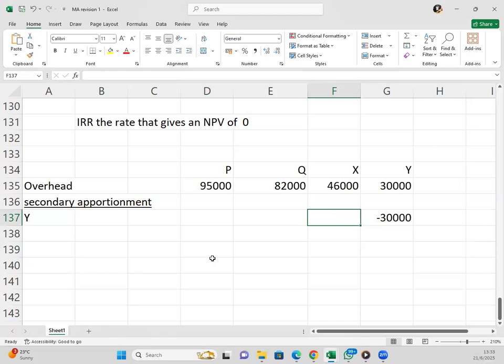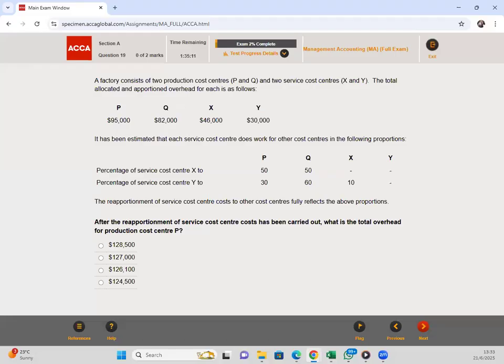So let's go to the question and see how the other departments were getting services from Y. P was getting 30%, then Q was getting 60%, then X was getting 10%. Help me memorize that so I don't need to come back to this page.